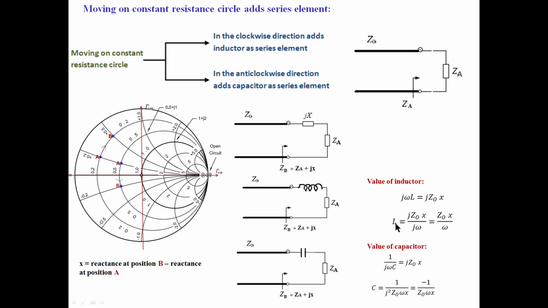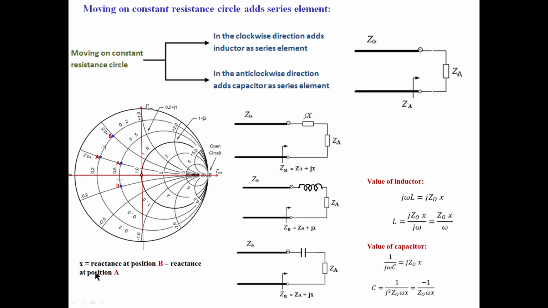To get this value of X, you take the reactance value at the final position, and minus the reactance value at the initial position. You will get X. X is the reactance at position B, the final position where you reached, minus the reactance at position A, whatever it is.